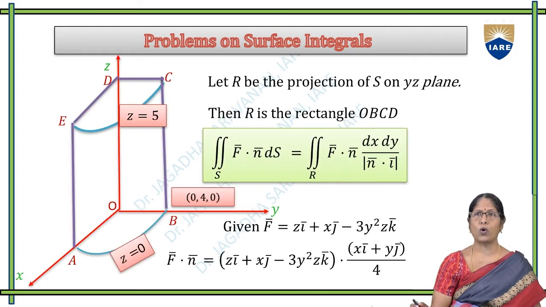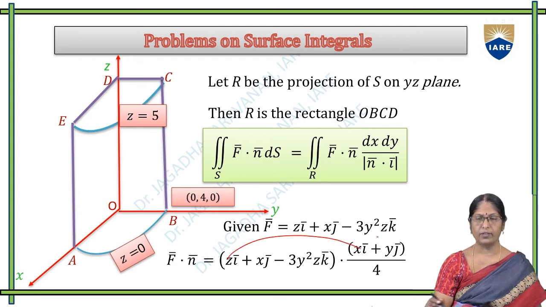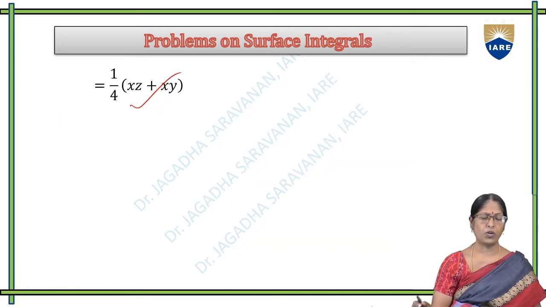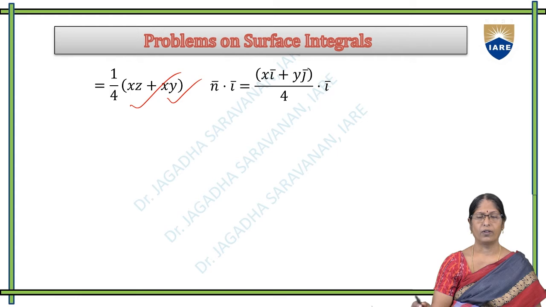This dot product we know: i dot i exists, j dot j exists. So in this way these two we can multiply and these two we can multiply. After multiplying, we obtained the result 1 by 4 of xz plus xy. Now, n dot i we are finding. This is also a term which is in the formula.